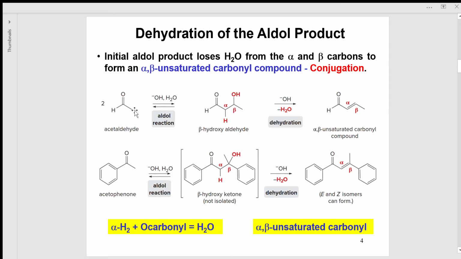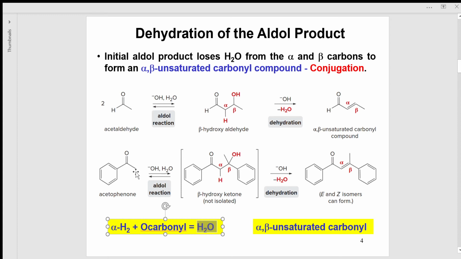The reaction basically is 2 hydrogens from the alpha position plus an oxygen from another carbonyl molecule, the carbonyl group. So 2 hydrogens from the alpha position, 1 oxygen from the carbonyl oxygen, to form water. So you basically link the 2 molecules.